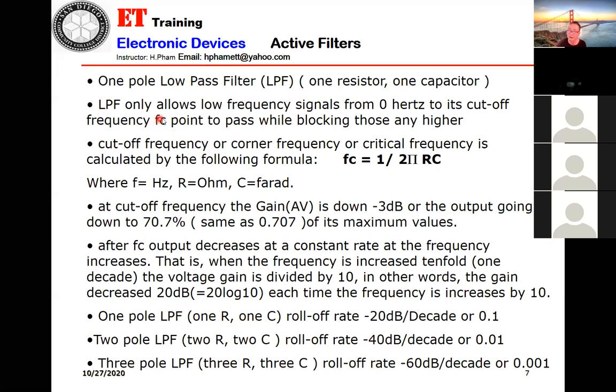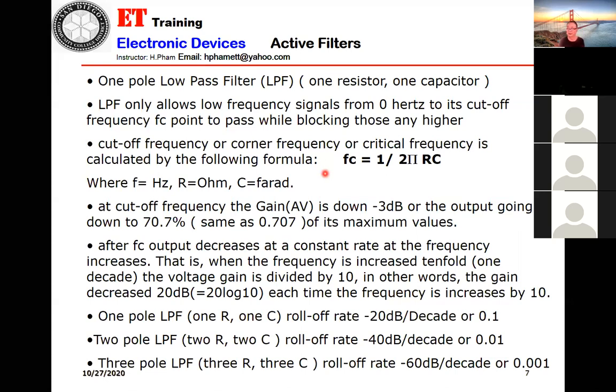LPF, low pass filter, only allows low frequency signals from 0 Hz up to the cutoff frequency FC, while blocking any higher frequency. Cutoff frequency, or corner frequency, or critical frequency, is calculated by FC equal 1 over 2 pi RC.